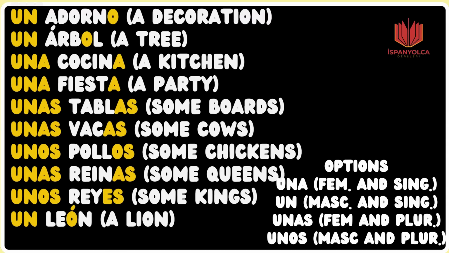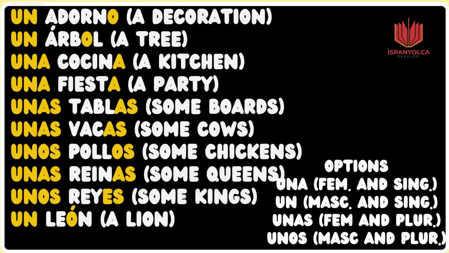Un adorno. It is masculine because it ends with an O, and is singular because it doesn't have an S. Un árbol. It has an O at its end and it is not árboles. That's why it is masculine and singular. Una cocina.